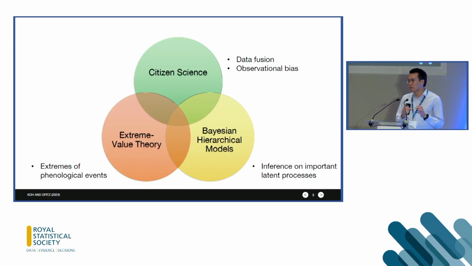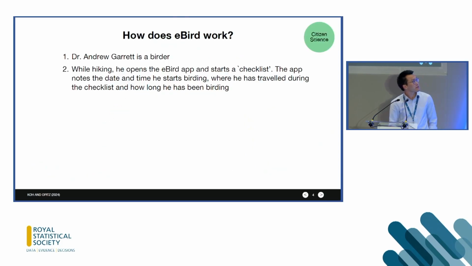In the Bayesian framework, we're given the opportunity to have posterior sampling, posterior credible intervals, and posterior inference on important latent processes, unseen processes that are very interesting from an ecological point of view. And our work really sits in the intersection of these three fields.